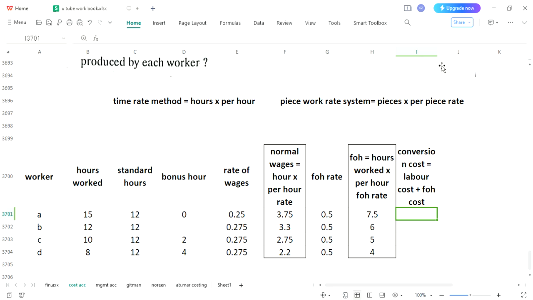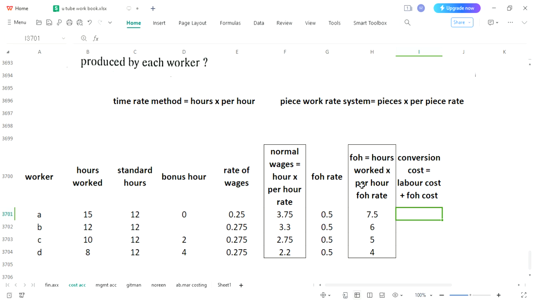So this would be the way with which you will calculate your conversion cost. Now your wages or labor cost is present over here and FH cost is present over here. So you will be able to calculate the remaining amounts.